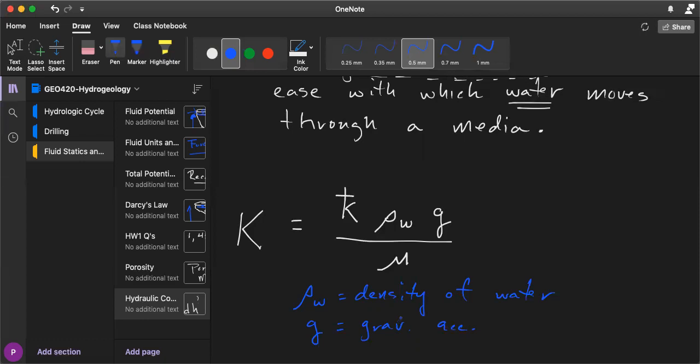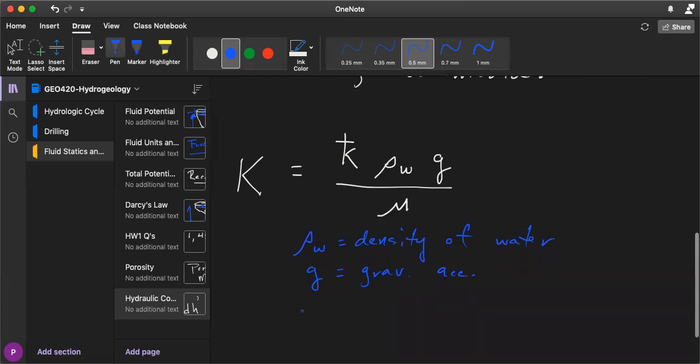Okay. Anybody have an idea of what mu might be? Yeah, mu is generally the symbol for viscosity. And here it's the viscosity of water. We'll define viscosity in a second, all right?